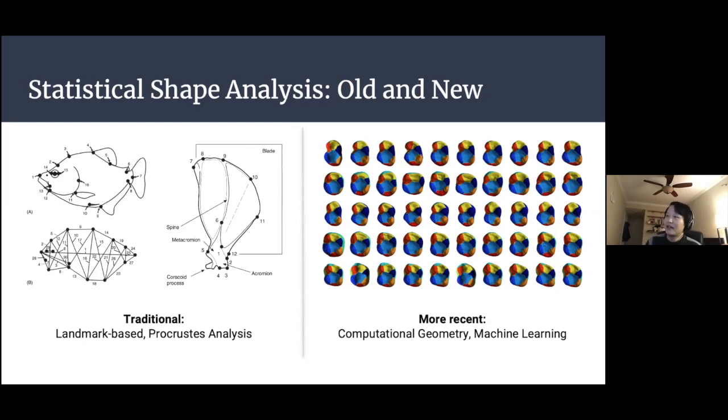About one or two decades ago, a new field emerged which uses more modern, more automatic methods to study these biological shapes, where the tools are mainly from computational geometry and machine learning. The big advantage here is getting rid of the dependence on the choice of landmarks, which makes these methods much more flexible and much more scalable.